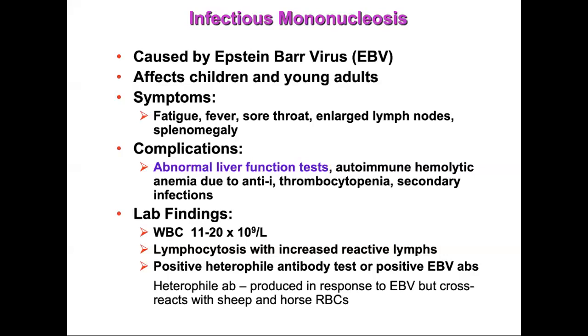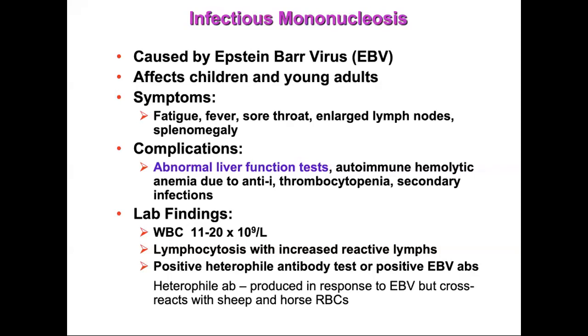But infectious mono can get complicated if it's untreated, and it can lead to abnormal liver function tests. It can lead to autoimmune hemolytic anemia because of the anti-little I, thrombocytopenia, and some other secondary infections as well.